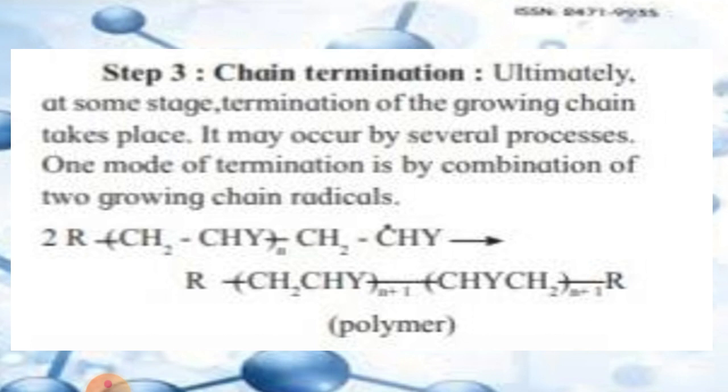One mode of termination is by combination of two growing chain radicals. Here in your syllabus, the combination method has been given. So here we take two free radical monomers. One free radical chain is CH2-CHY-n, with the free radical on that carbon.